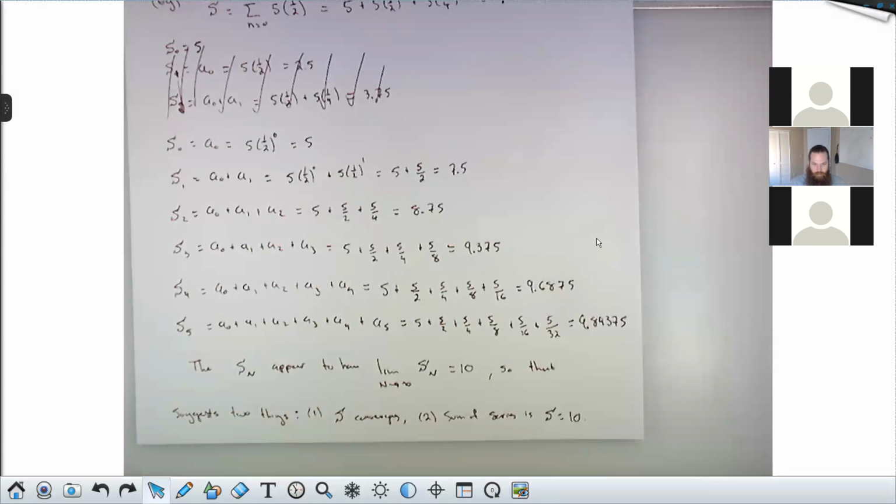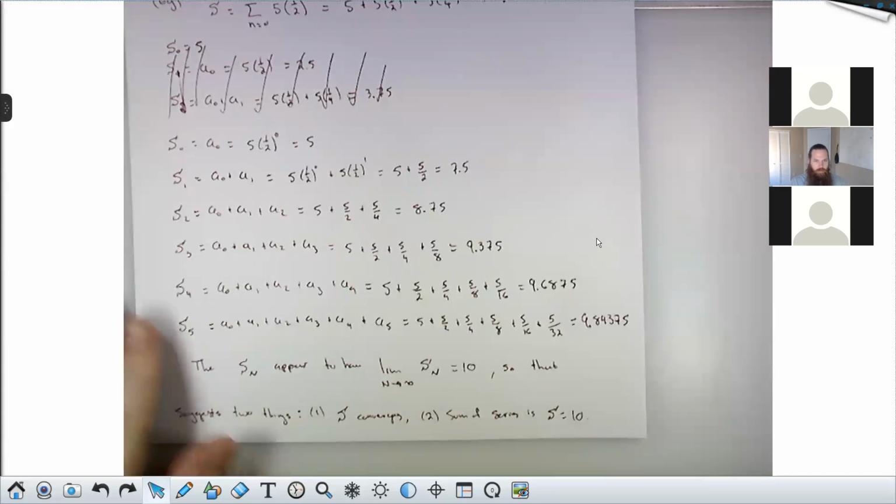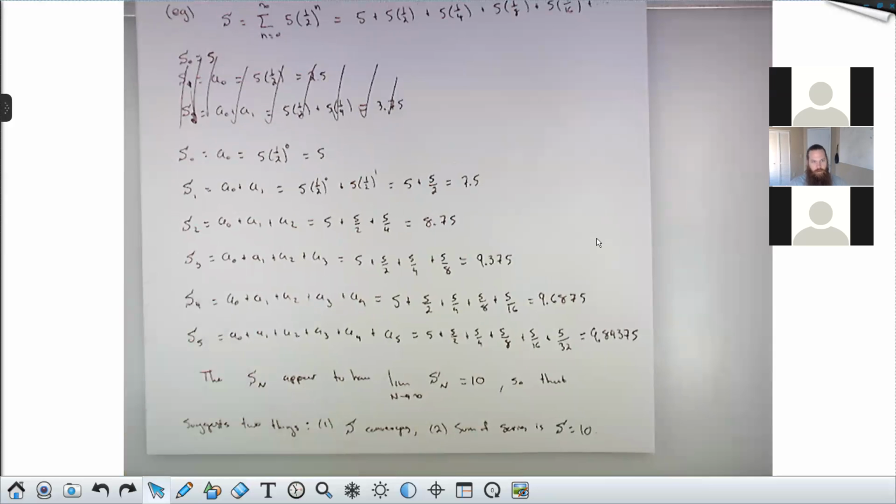Now this approach kind of sucks, right? We definitely don't want to always do this. We don't want to have to always figure out our infinite series by writing out the sequence Sn and computing it explicitly. First off, I'm just guessing here, right?